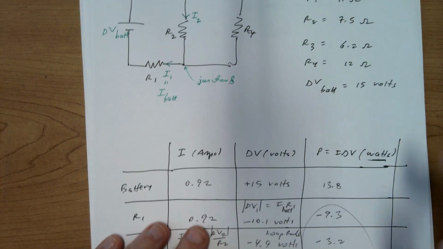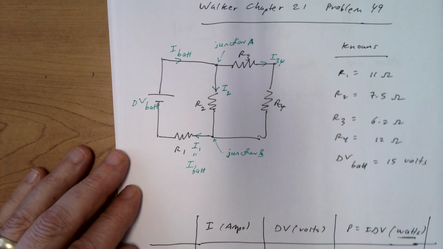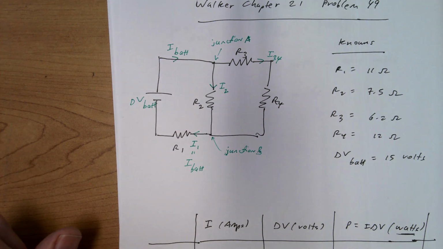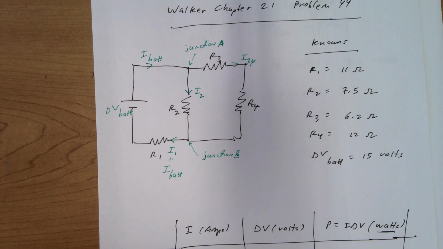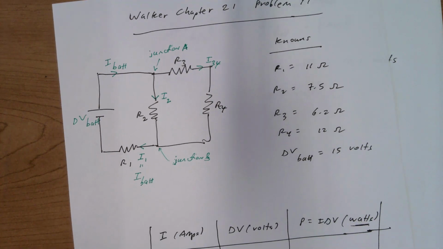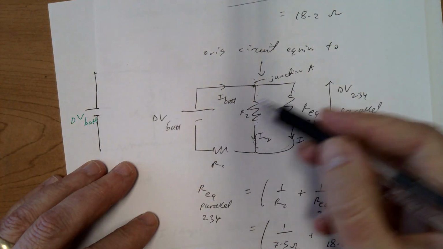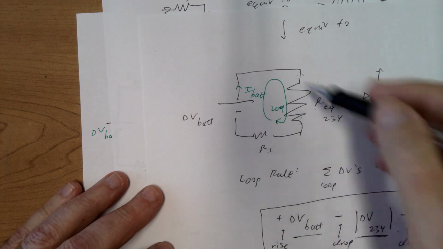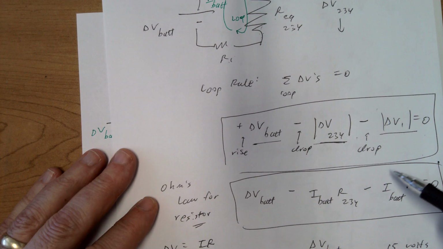Okay, so we have reached the goal. We've found everything that can be found about every resistor and the battery in this circuit, and we checked our work to make sure that the results made sense. And we did that by reducing our complex network of resistors step by step to some intermediate equivalent circuits as well as a final equivalent circuit that only has a single loop, and then using the loop rule to find the battery current.